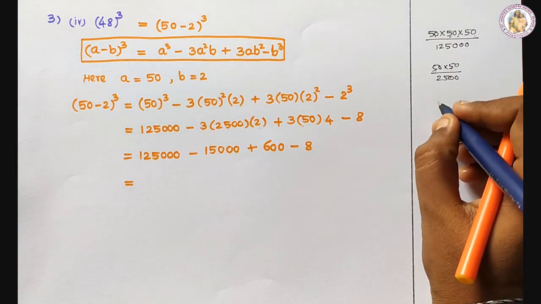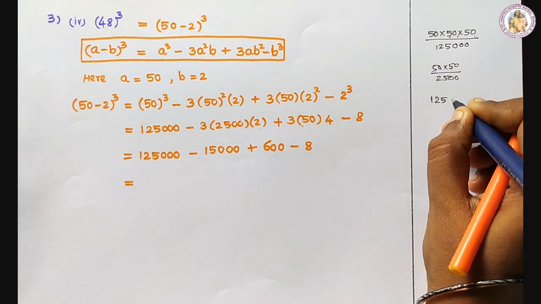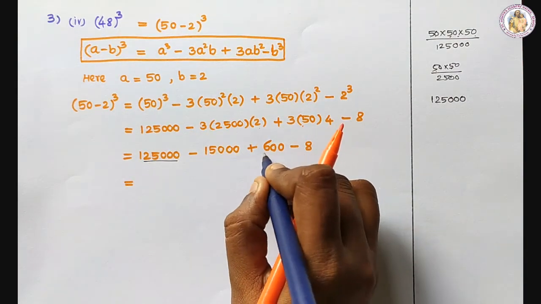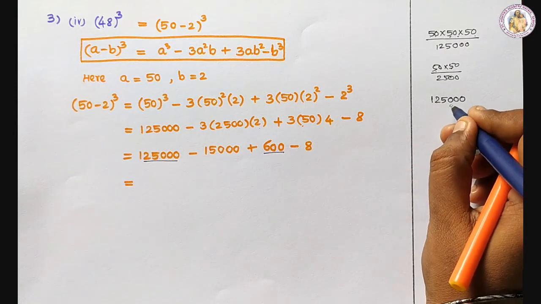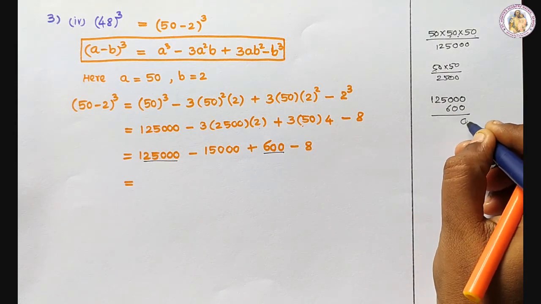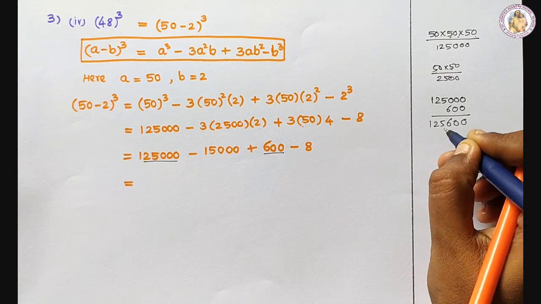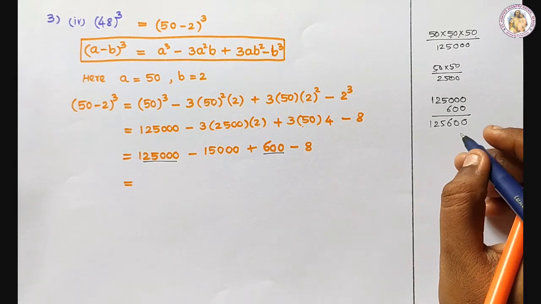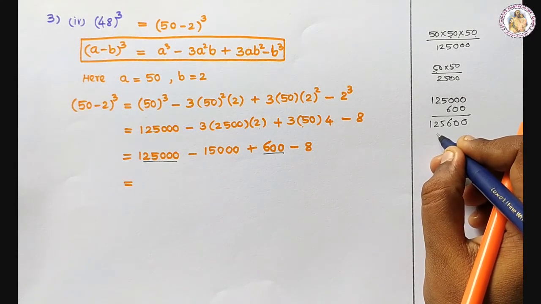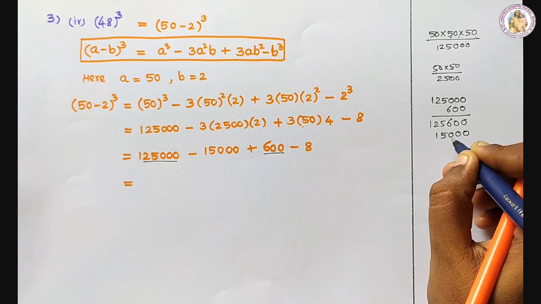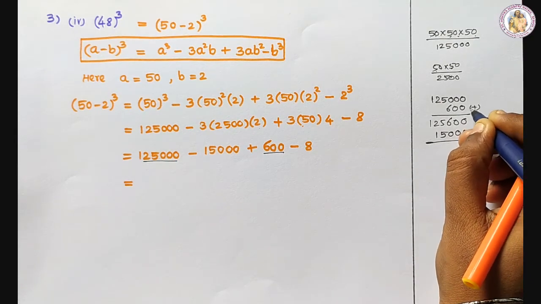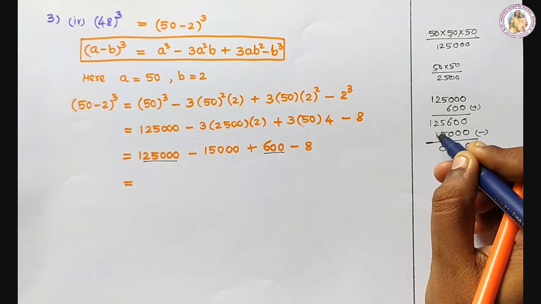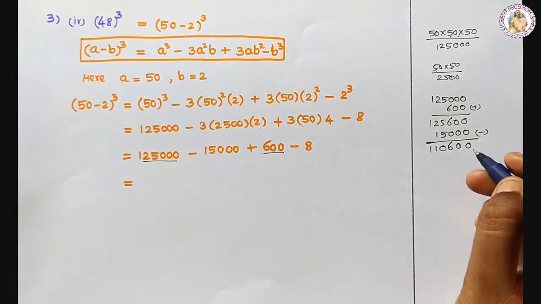Now solve the values. 1,25,000, both are in addition, so add that first. 1,25,600. Now subtract this one by one, that is 15,000. 0 0 6, 5 minus 5 0, 2 minus 1 1 1.